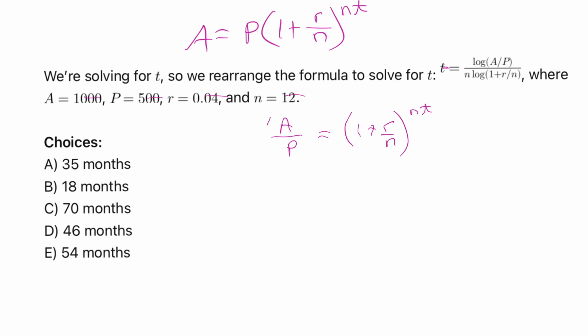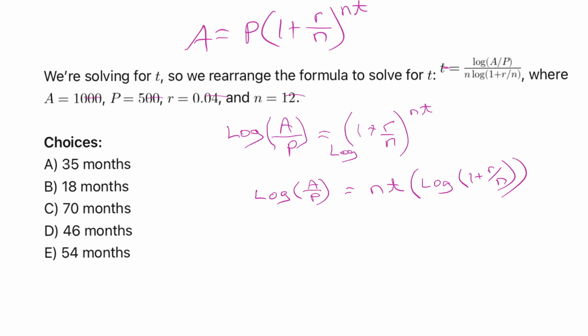So what we would do is take the log of both sides. Now, why would we do this? We're going to do this because remember, if we have a log of something to an exponent, we simply move the exponent in front. So now that's going to give me log of A over P is equal to NT times log of 1 plus R over N. Well, what I really want is T in years.